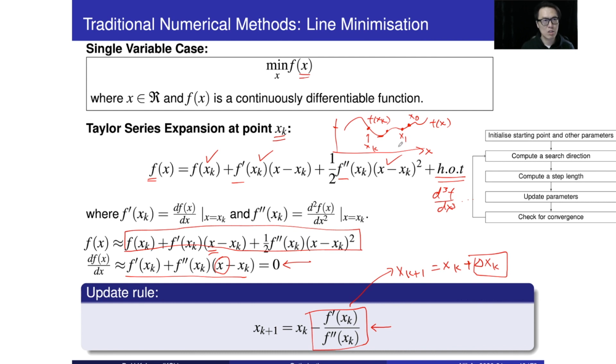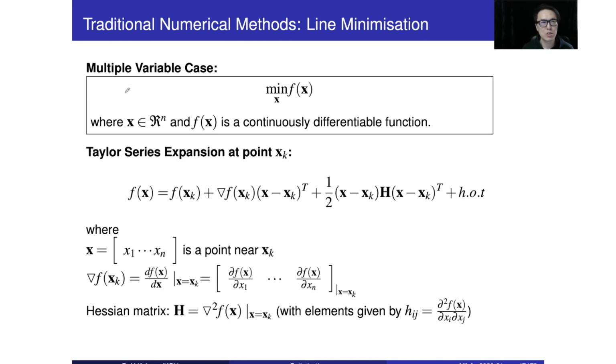So this is a single variable case, and we are going to extend this idea into the multivariable case. That means minimize a real-valued function of x, which is a vector of decision variables x1, x2 up to xn. So we have n decision variables, and now we are going to do exactly the same. We do the Taylor series expansion of f about x_k.